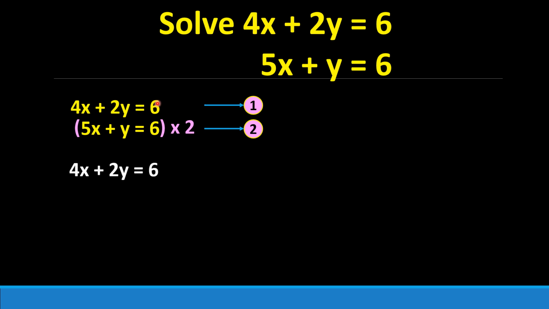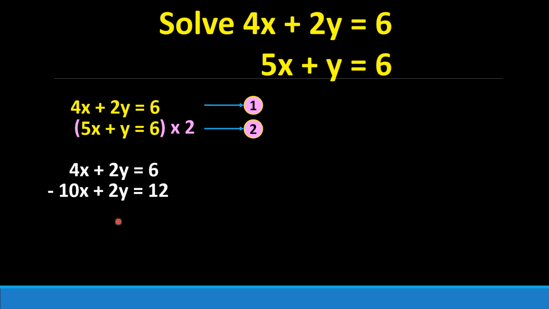First equation is 4x plus 2y equal to 6, and the second equation will be this equation into 2, so that 10x plus 2y is equal to 12. That is, 5x into 2 is 10x, y into 2 is 2y, and 6 into 2 is 12. Now we have to consider either addition or subtraction. In this case, if it is addition, then it will be 2y plus 2y, that means 4y.